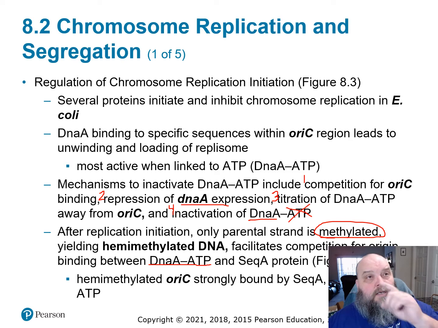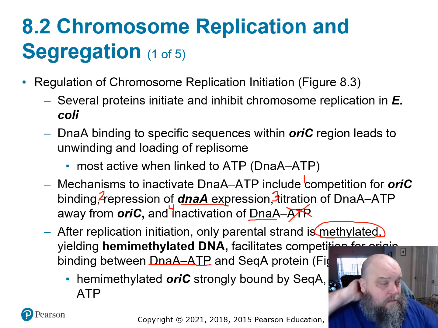Start off with one double helix that's fully methylated, both strands. In the process of replicating it, you get two double helices that are hemimethylated. Only one of the anti-parallel strands will be methylated.